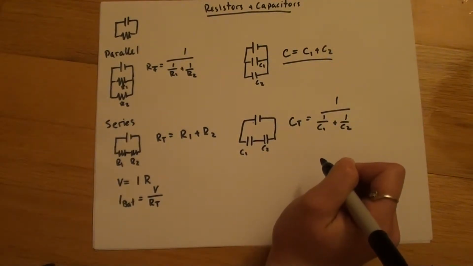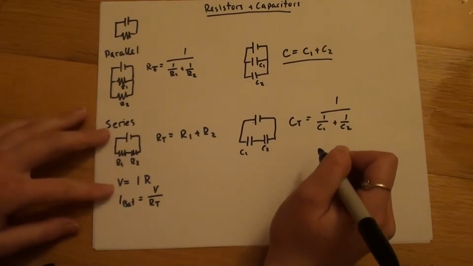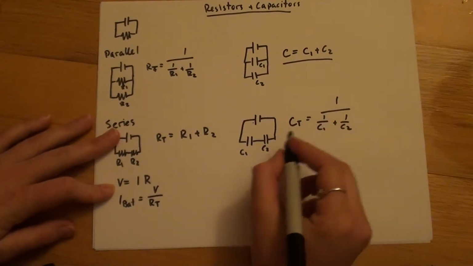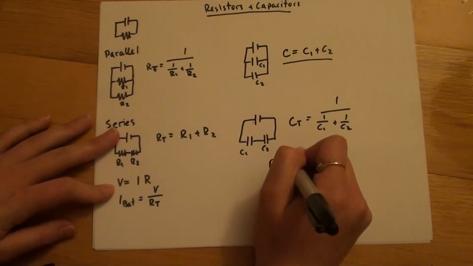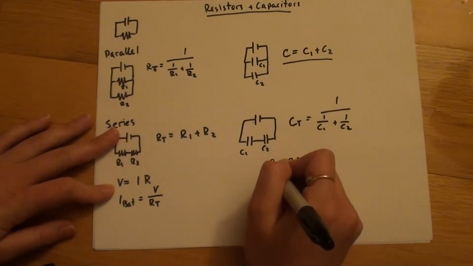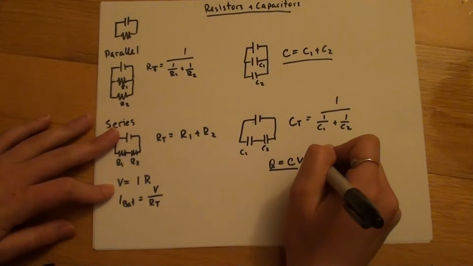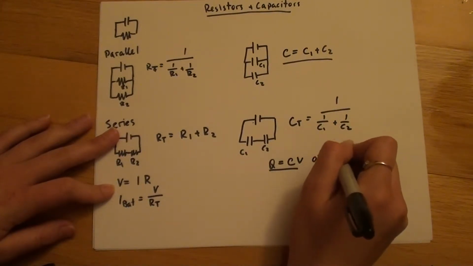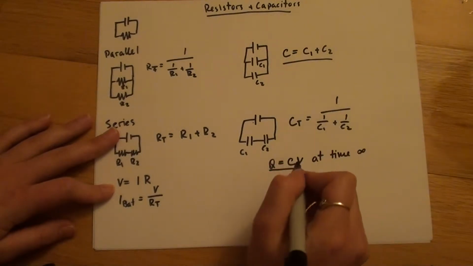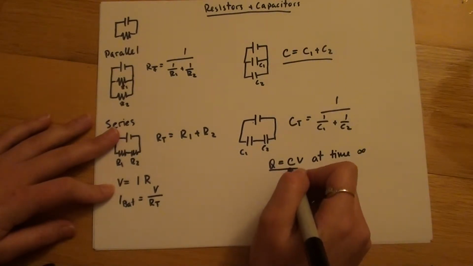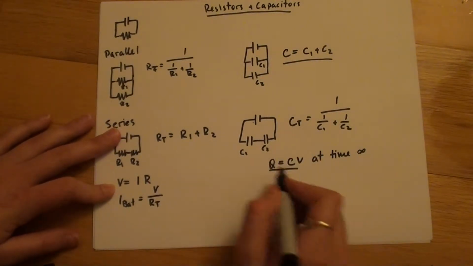Now, an important thing to remember is the charge on the capacitor. The charge on the capacitor is equal to Q equals CV. That's the maximum charge, and at time infinity, this will be the charge on the capacitor. Now for the graphs.